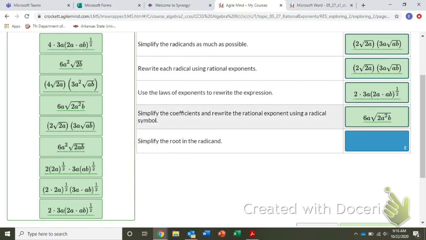Then we simplify again. And we get 6a squared and the square root of 2ab. Okay? So just change the order. So that one's kind of tricky.